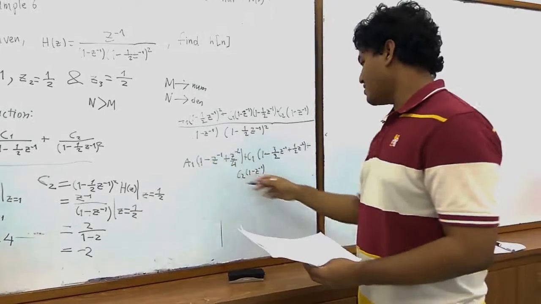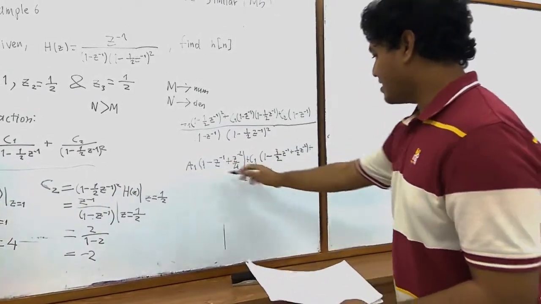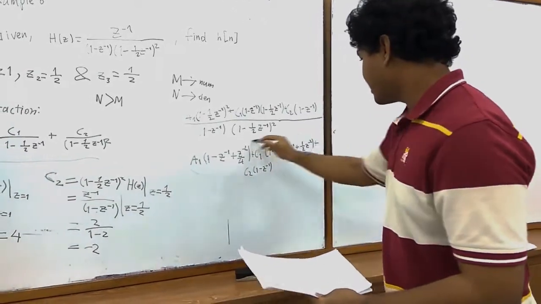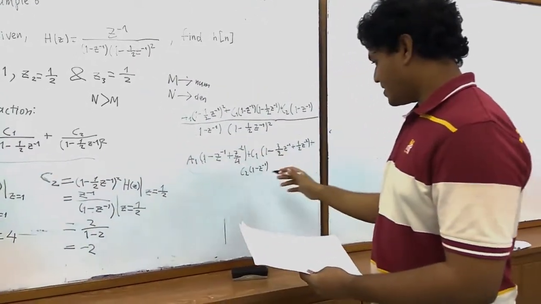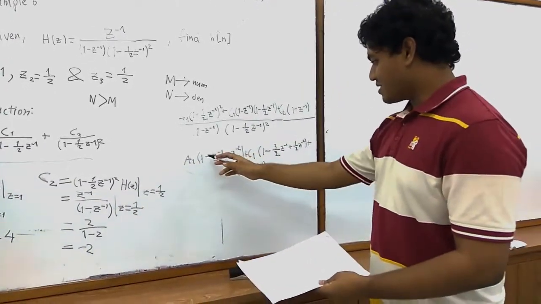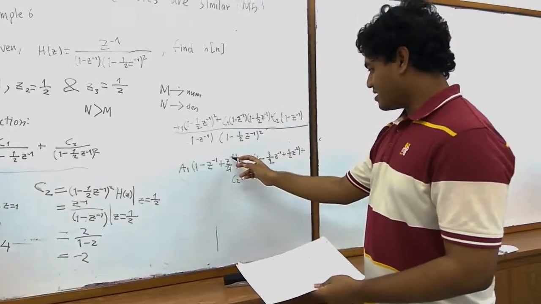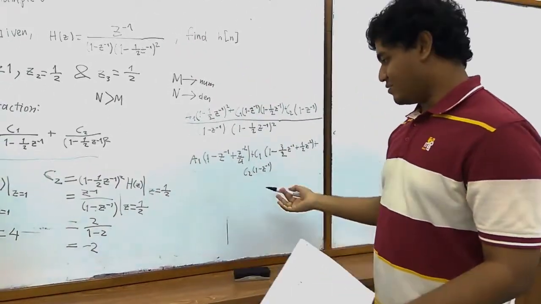Okay, so this is our whole numerator. So we have to find C1 by comparing this whole thing with z minus 1. So just expand this part. We don't need to expand the whole thing because the 1 and z minus 2, we don't have z minus 2 here, so they will become 0 anyway.